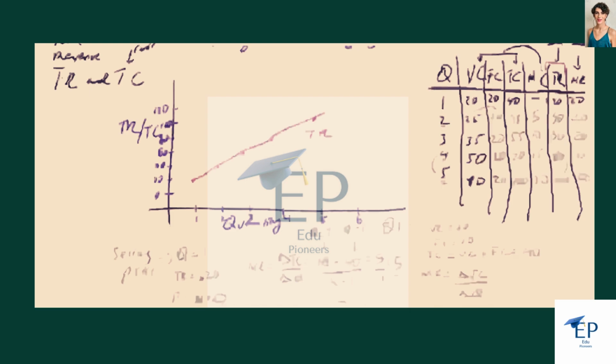For the total cost, this one, 1 at 40, 2 at 45, and then 3 at 55, 4 at 70, total cost.